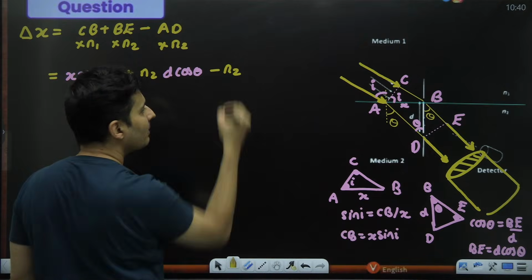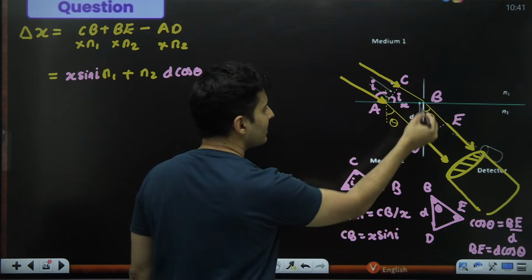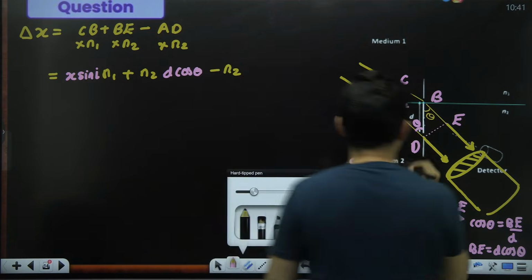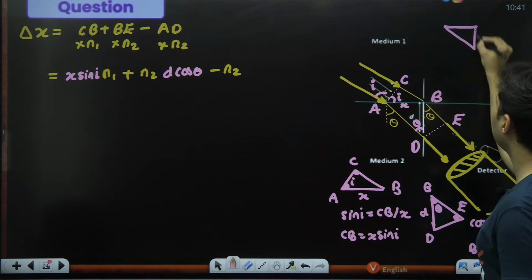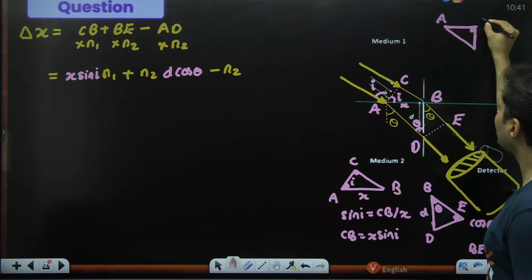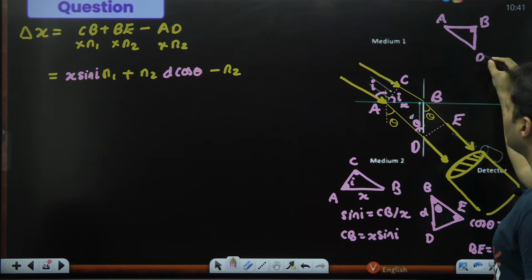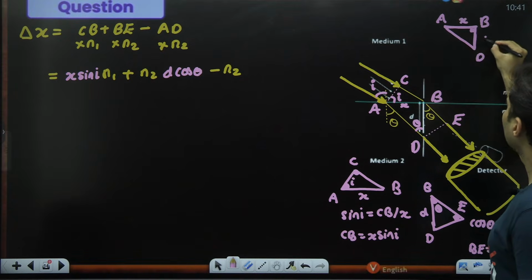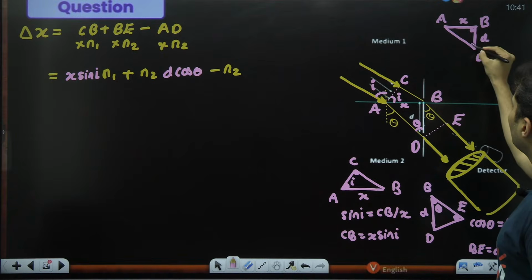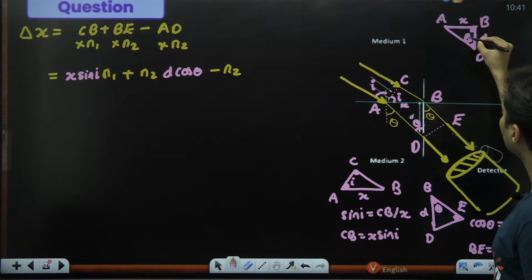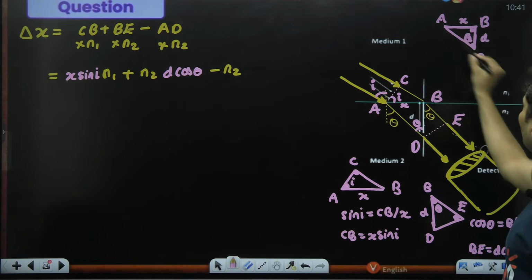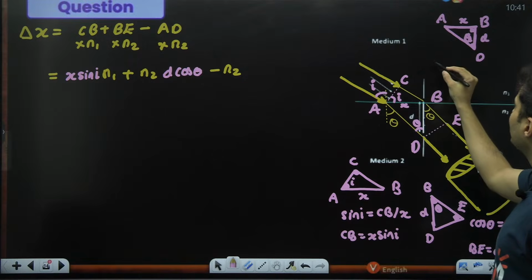Before that, multiply it with N2. What is this distance AD? Look at this particular triangle over here. This is A, this is B, this is D, this is X, this is D, and obviously this is nothing but theta. If you want AD, I think we can use cos theta.